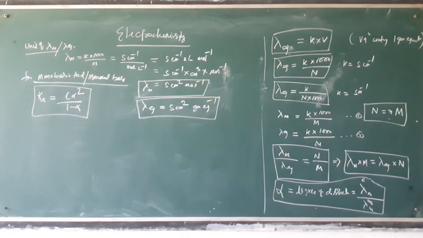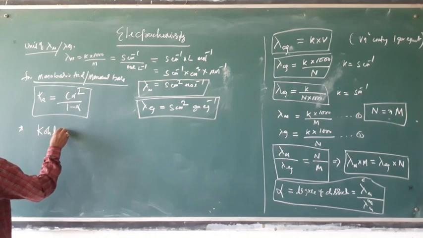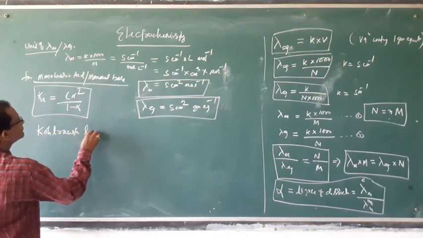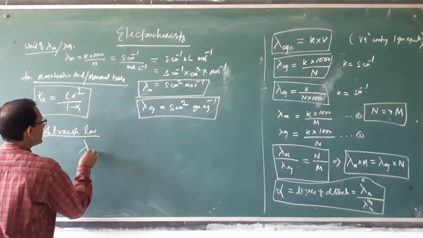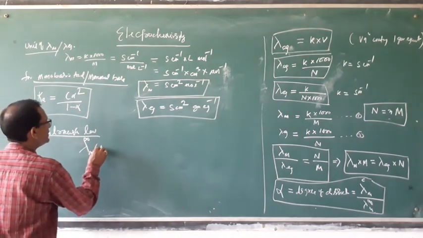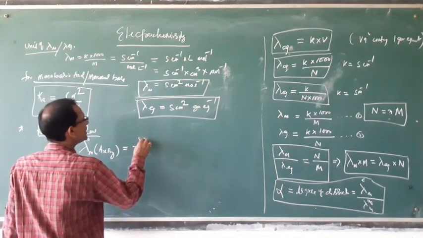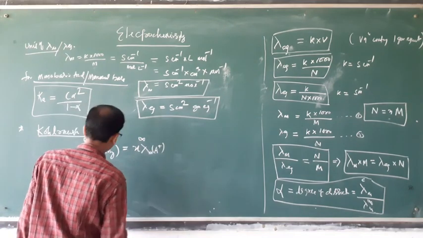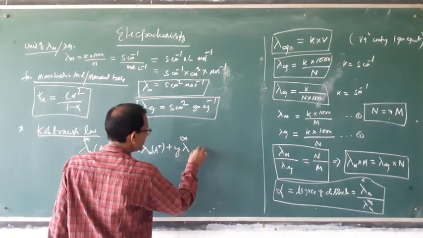The next part is Kohlrausch's law. We know in Kohlrausch's law that lambda m at infinite dilution, that is called limiting conductance, of any electrolyte AxBy is equal to x into lambda infinity of A plus, plus y into lambda infinity of B minus.